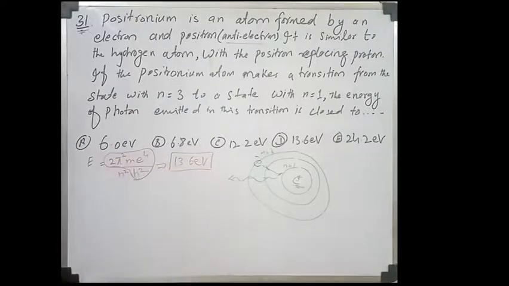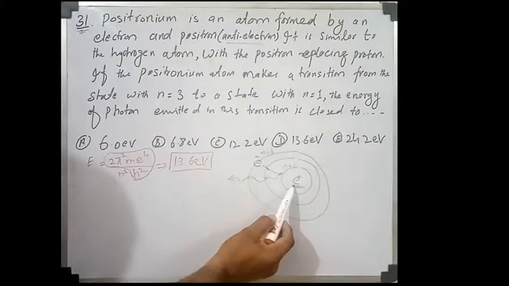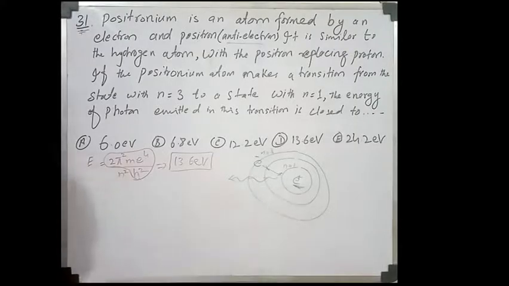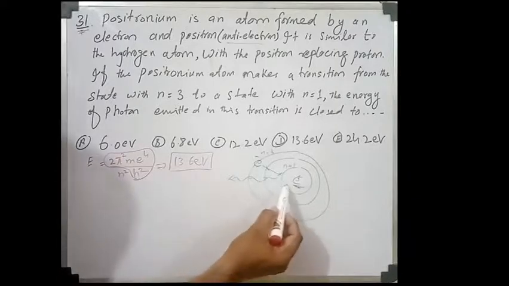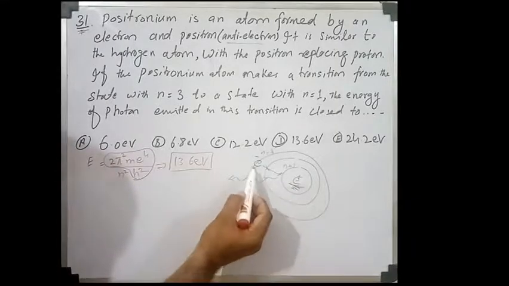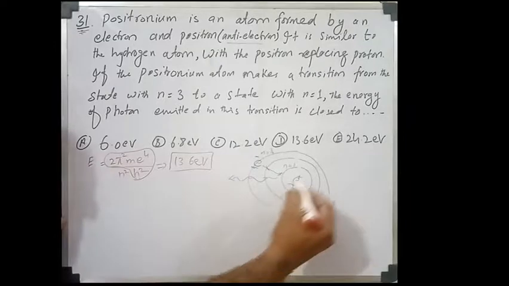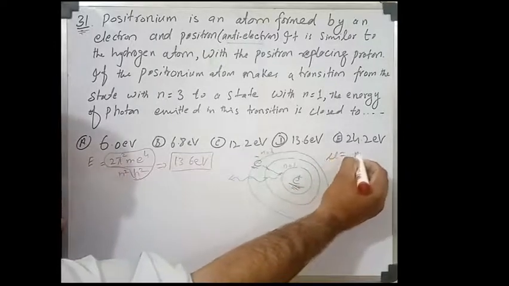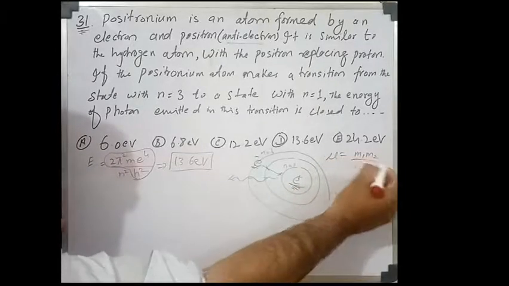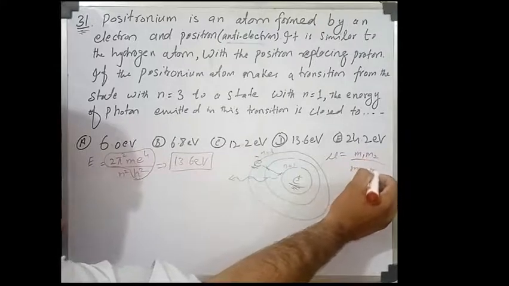But in our case, in this atom the proton is replaced by a positron, so this is a two-body system and we have to deal with it as a single body. Then we will calculate the reduced mass for these two bodies, to treat them as a single body. For this, the reduced mass is equal to m1 m2 divided by m1 plus m2.